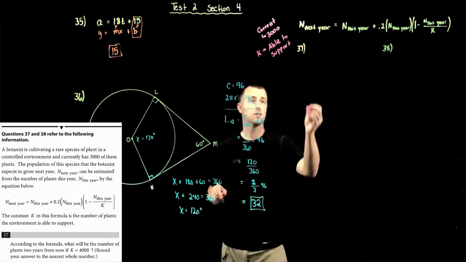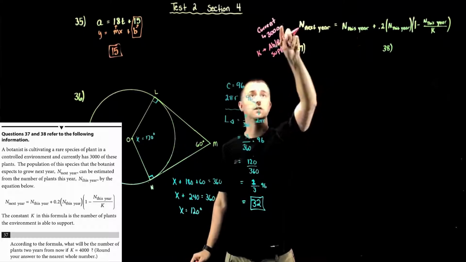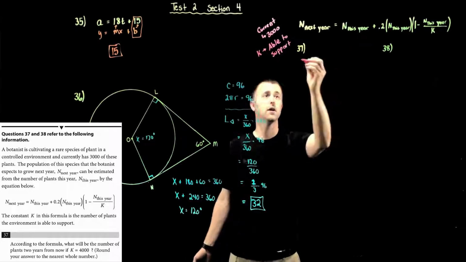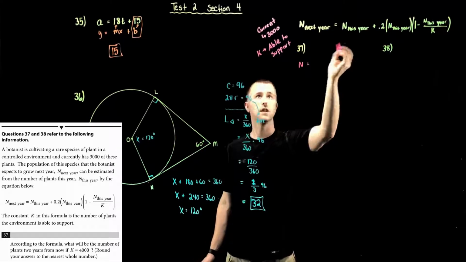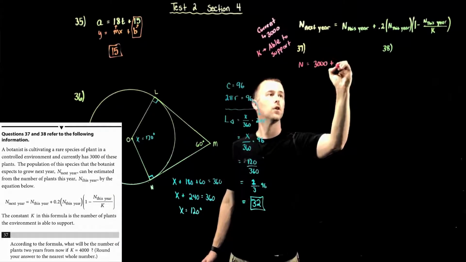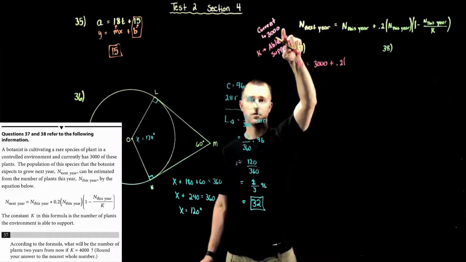So the N of next year, I'm just going to call that N because N of this year is going to be 3,000. So that way I don't have to write next year every time. That would be annoying. So I'm just going to go N, that's next year, equals N of this year, which is 3,000, which they gave me, plus 0.2 times N of this year, which is 3,000.